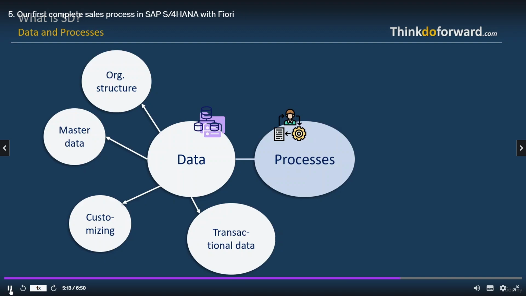Finally, within data, we could also consider all the customizing setup. Of course, I could merge these two topics of organizational structure and customizing, but I've separated them because the org structure is customizing as well, but specific customizing, therefore I just put it somewhere else.